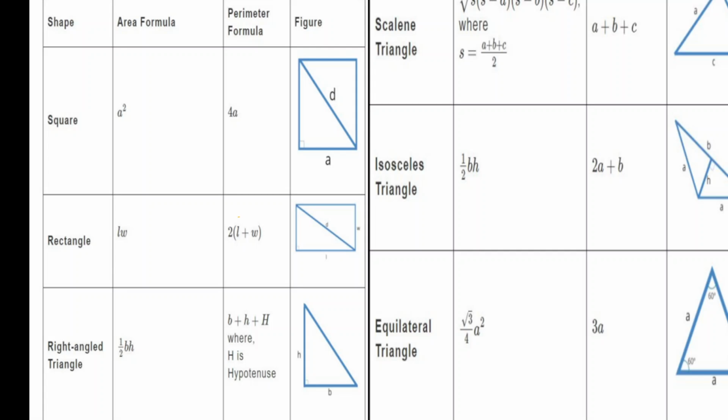So children, please go through all the formulas of the areas and perimeters of two-dimensional figures. And this is about solid figures and plane figures, and in our later session we'll discuss surface areas and volumes of the three-dimensional figures.